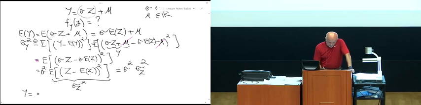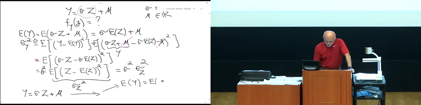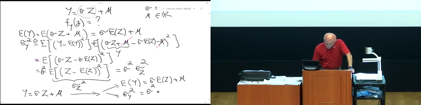So remember where we started? We started with this: y is a linear function of z, and we found that the expected value of y is sigma times the expected value of z plus mu, and the variance of y is sigma squared times the variance of z.